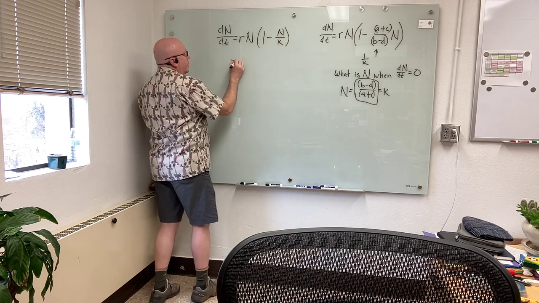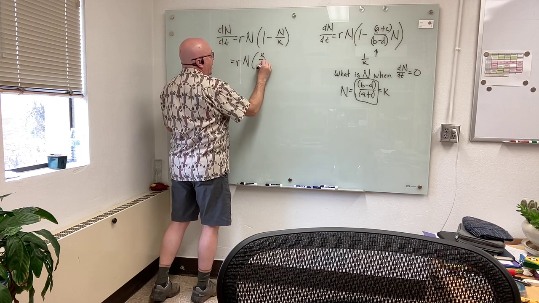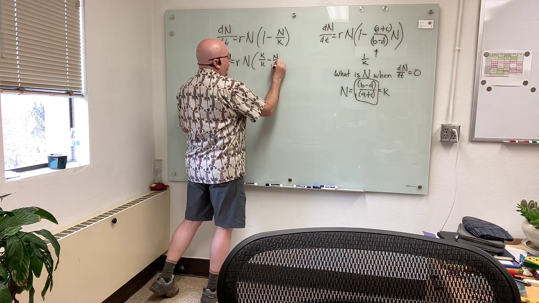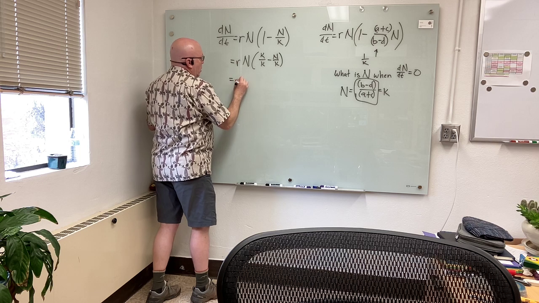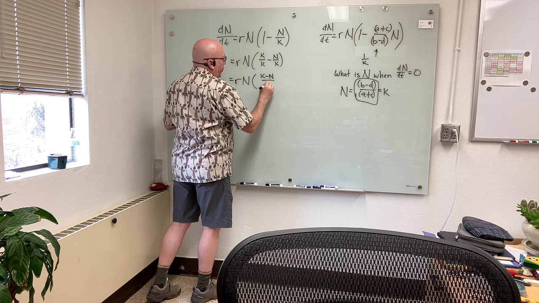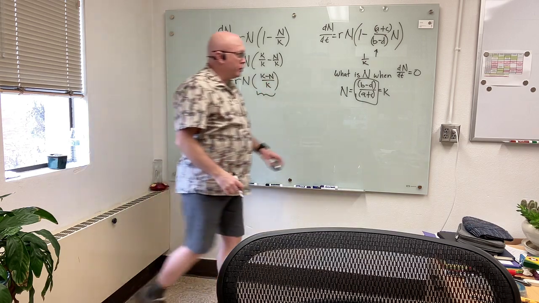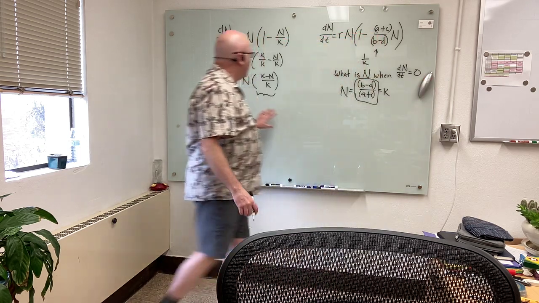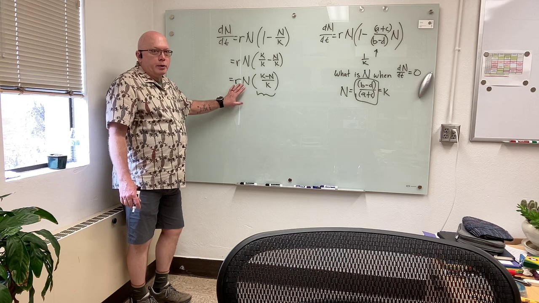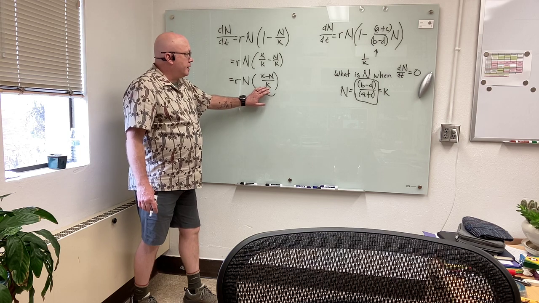And I prefer to write this as r times n times k over k, which is just 1 expressed in units of k, minus n over k, so that we can rewrite this as r times n times k minus n over k, because this is the expression of interest to us, because that's the expression that reduces the growth rate that you would experience under density independence when you have density dependence.